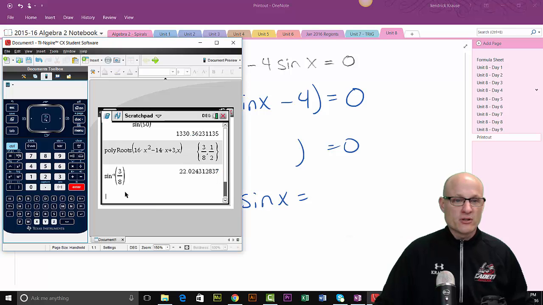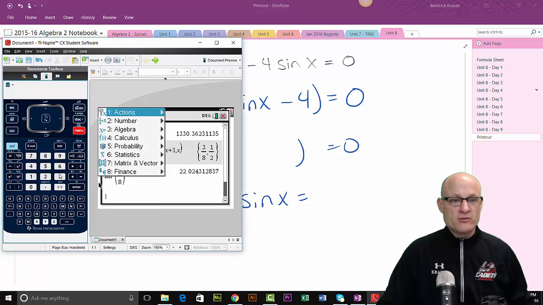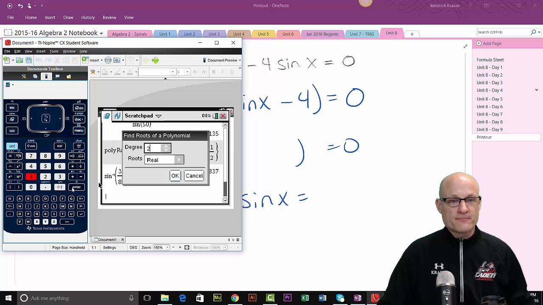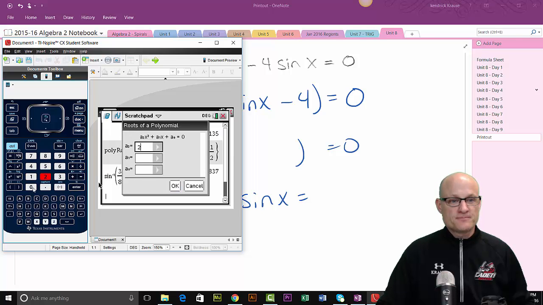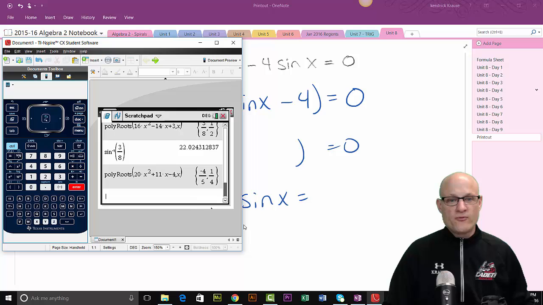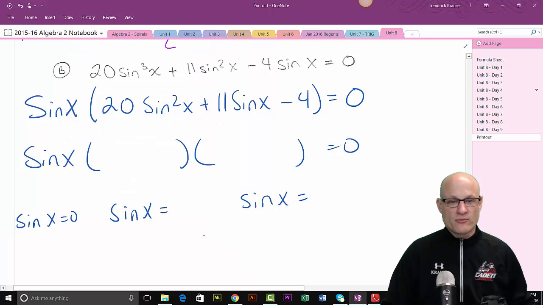20, 11, negative 4. So menu 3, 3, 1, 20, 11, negative 4. Hit enter, enter, enter. Negative 4/5 and positive 1/4.